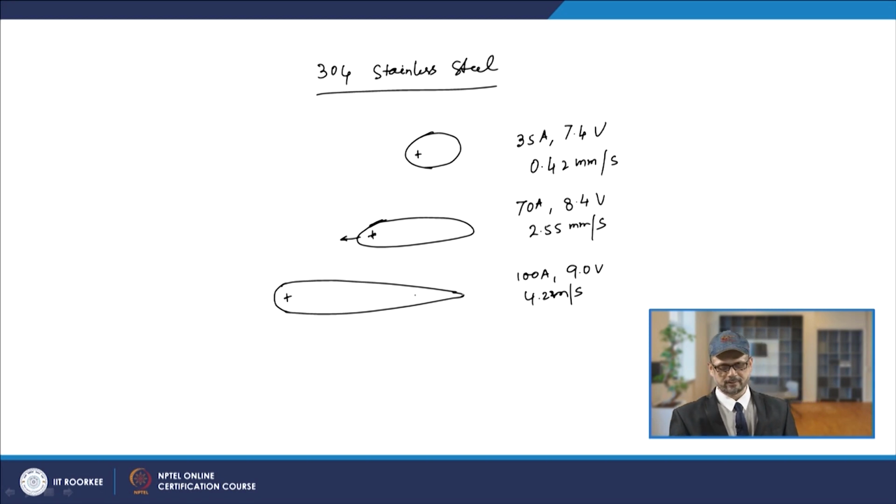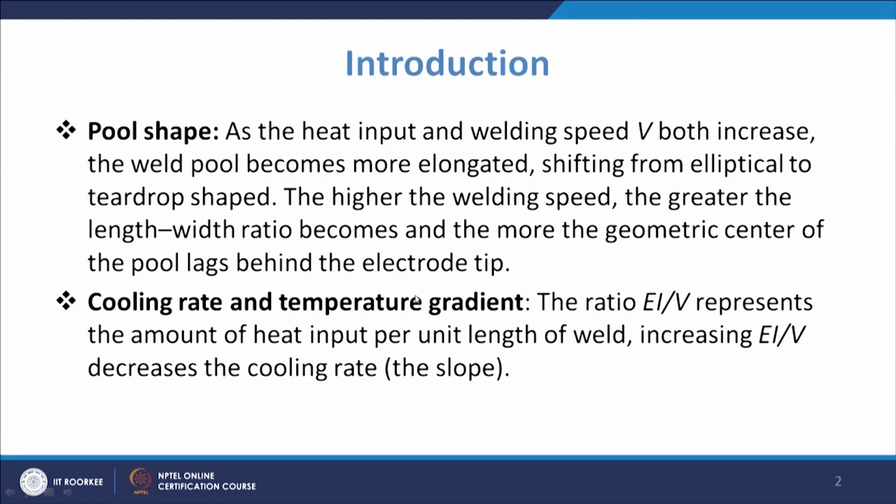Now, there is another curve which talks about the variation of the cooling rates. That is another effect which is to be understood by us: the cooling rate and the temperature gradient.